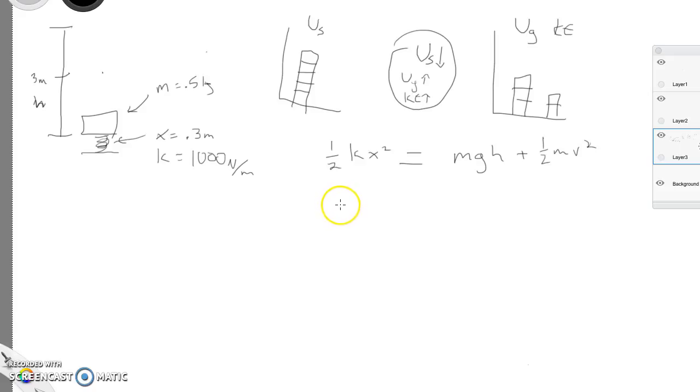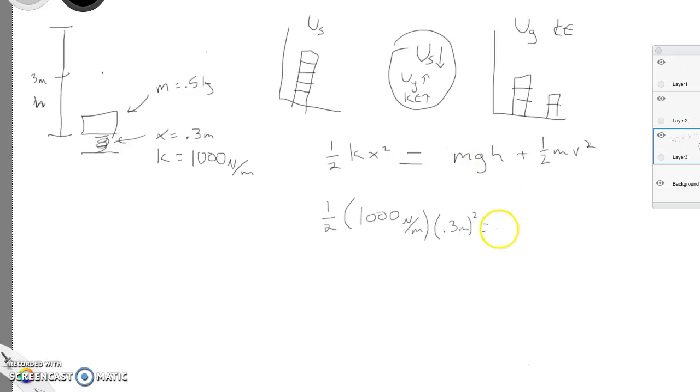To solve this, we want to solve for v. So we're going to substitute in values. For k, we put 1,000 newtons per meter. For x, it's 0.3 meters.